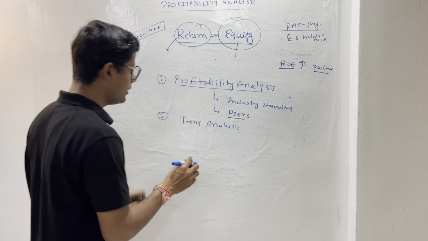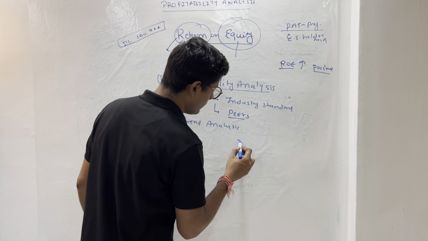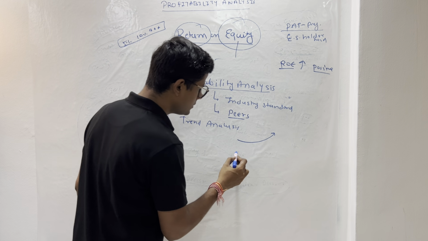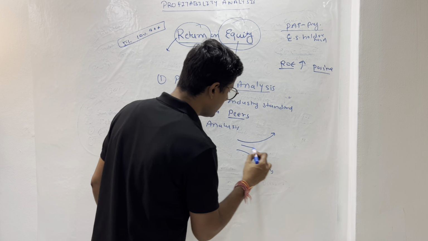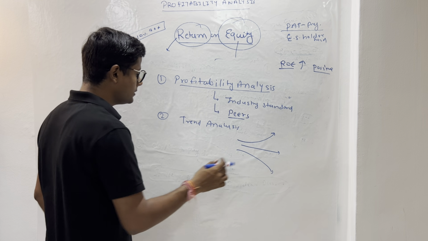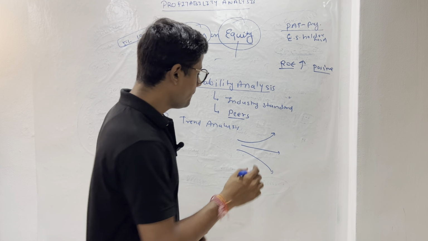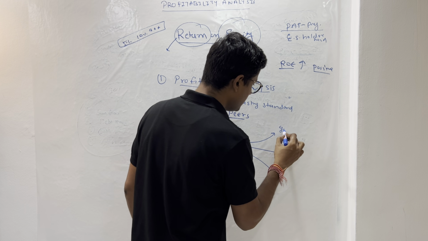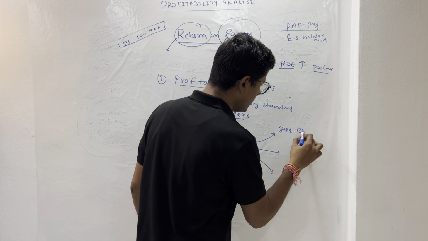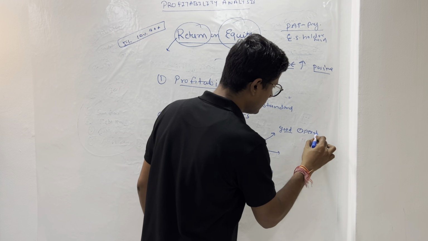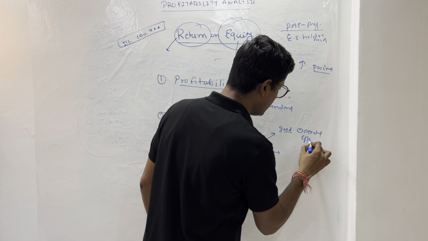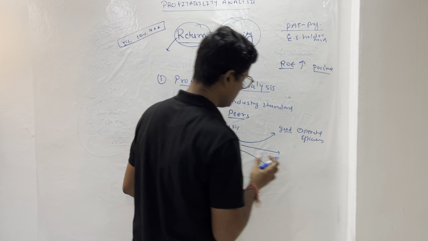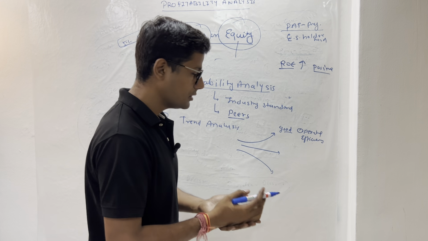You need to do a trend analysis, like how the company is doing, whether the company's ROE is increasing constantly, decreasing constantly, or staying constant. Obviously, if the ROE is increasing, it means the company is performing well and operating efficiently, so it is able to generate more return for the shareholder.